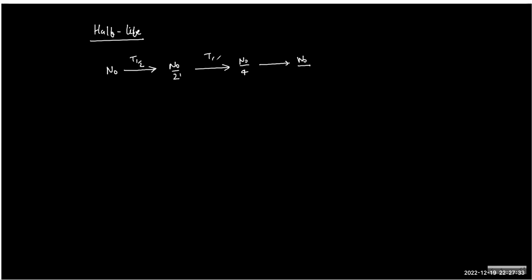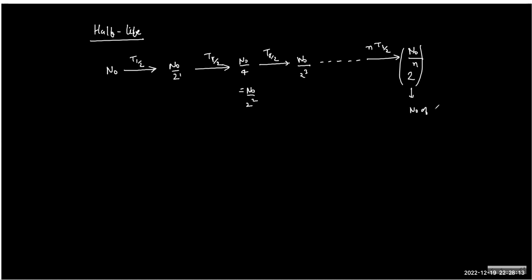After 2 T half, N naught by 2 squared. After n T half, the answer will be N naught by 2 raised to n. This is the amount left, not decayed.